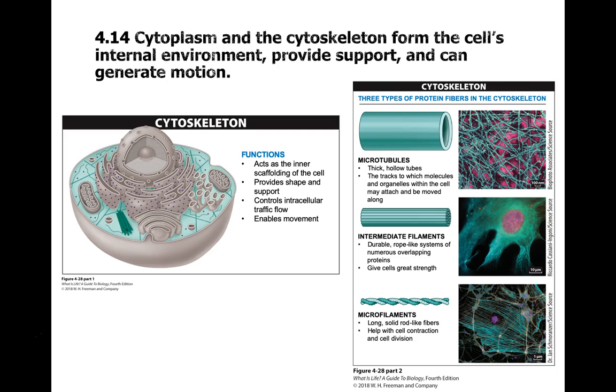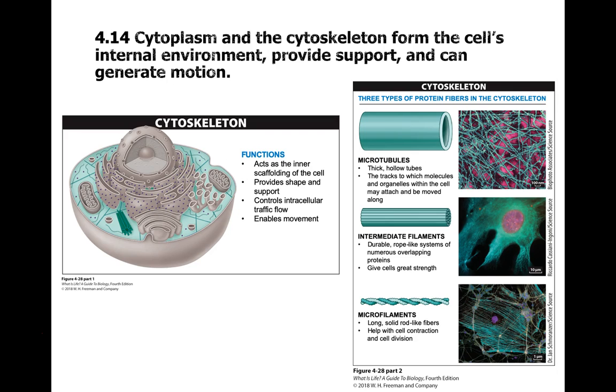So the 3 different types of fiber that we have are the microtubules, which are the largest of the fibers. They are a hollow tube-shaped fiber. And these are the ones along which molecules or organelles in the cell can be moved. They may be attached for support within the cytoplasm.